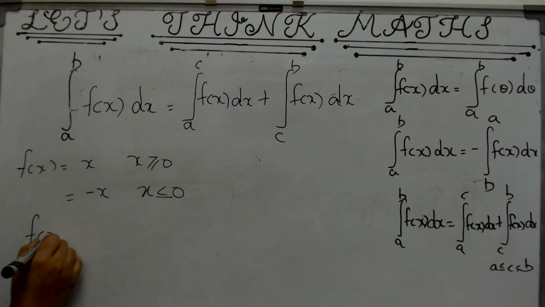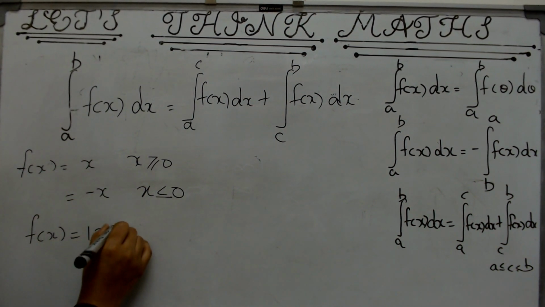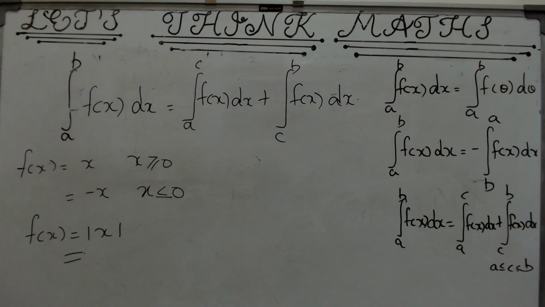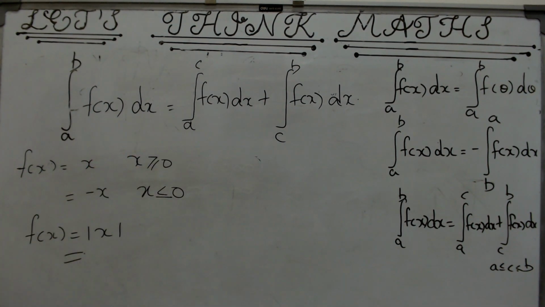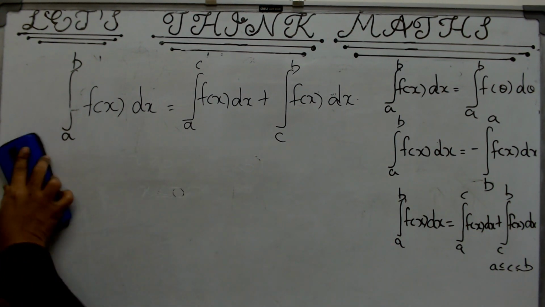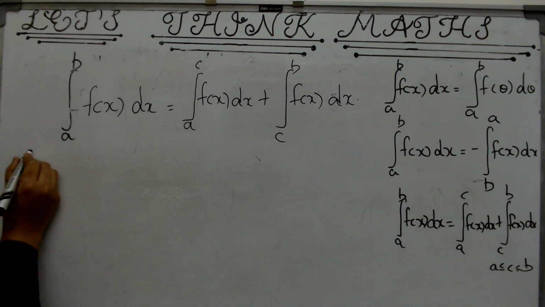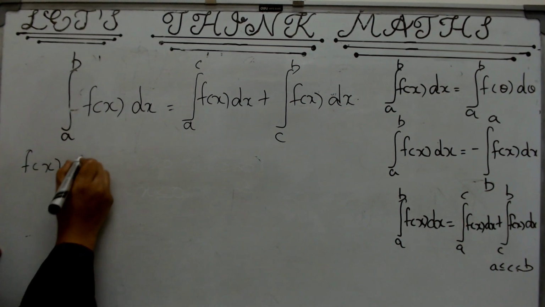So that is the function. That is your modulus function. From 0 to infinity it is x, and from 0 downwards to minus infinity, it will be minus x. Now how does your greatest integer function look? Your greatest integer function is defined like this.